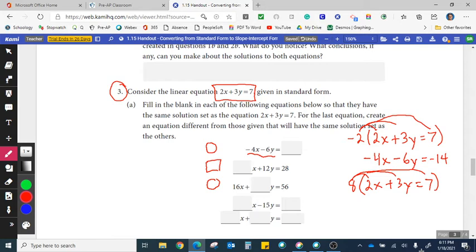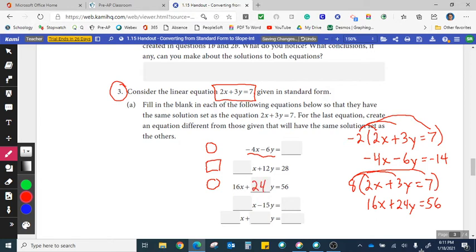How do I go from 7 to 56? I multiply by 8. So if it works for both of them, then it's going to work for the one in the middle. So I get 16x plus 8 times 3 is 24y equals 56. So that should be 24.